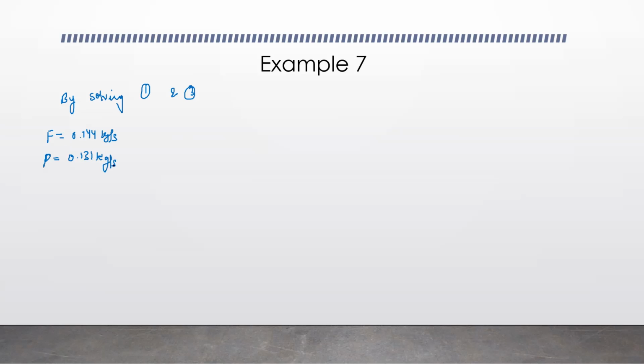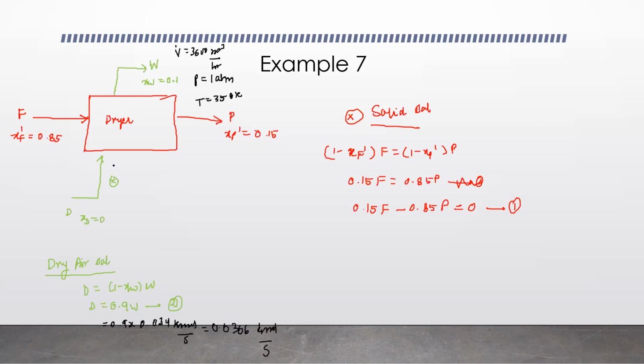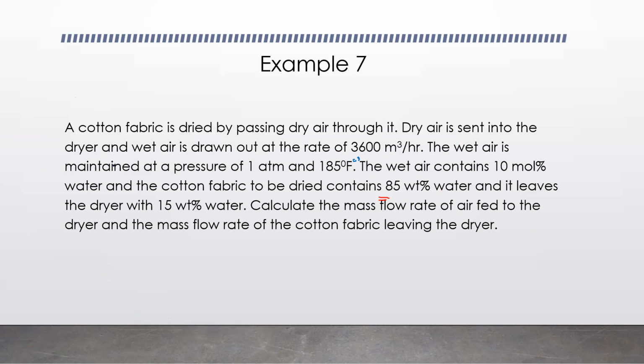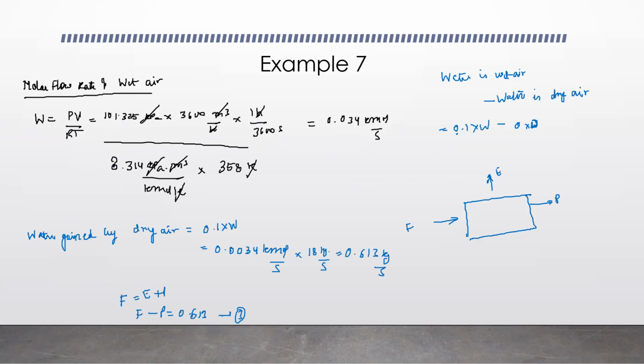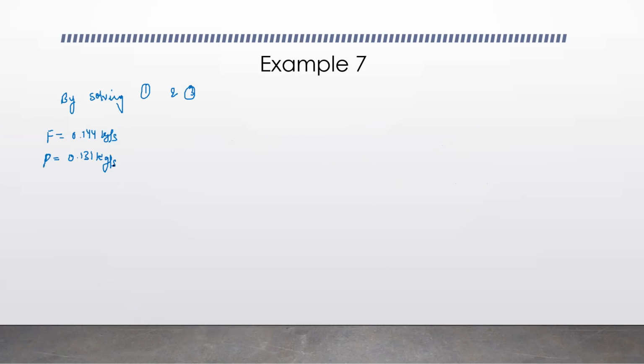They had asked you to calculate the mass flow rate of air fed to the dryer and the mass flow rate of cotton fabric leaving the dryer. So the mass flow rate of cotton fabric leaving the dryer is 0.131 kg per second. That is fine.